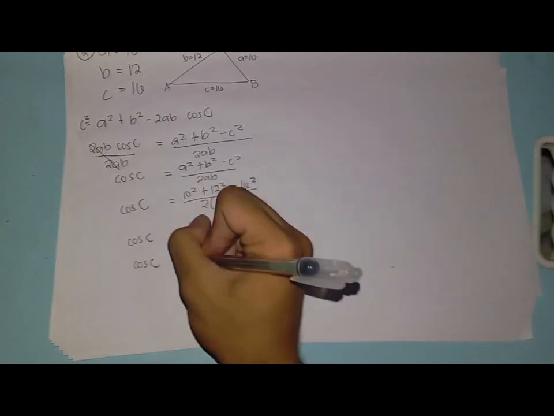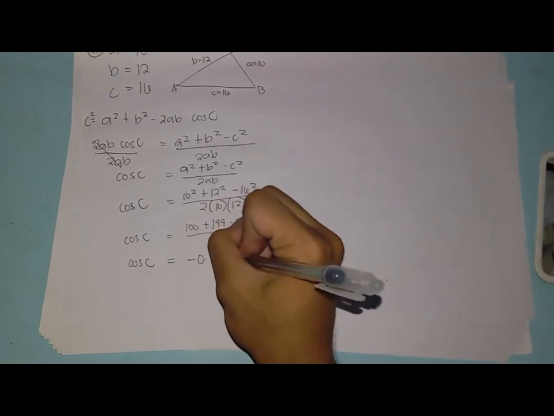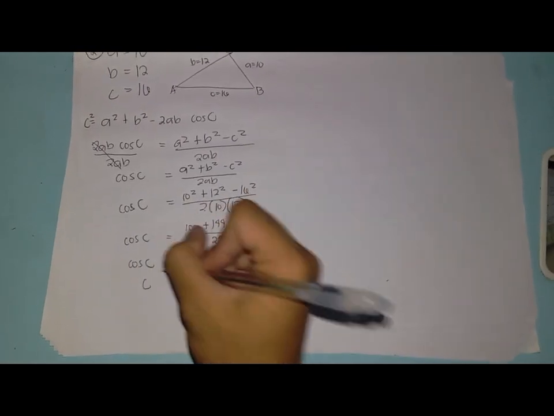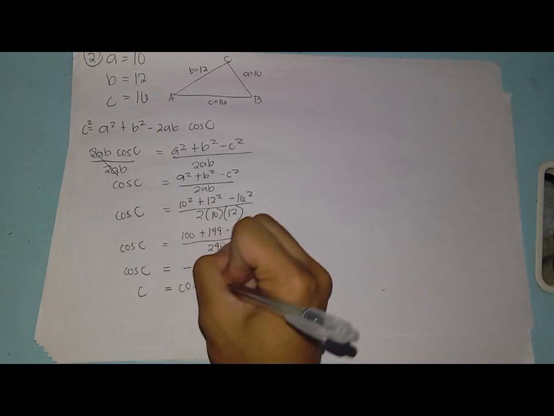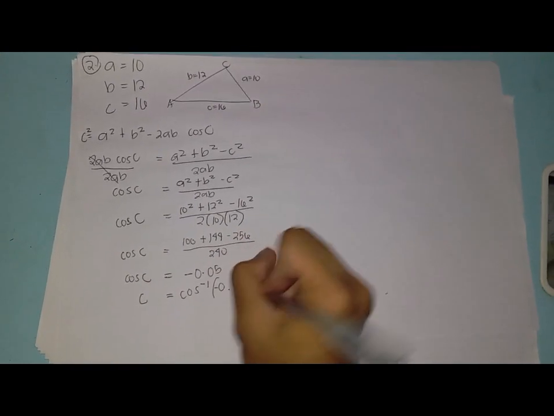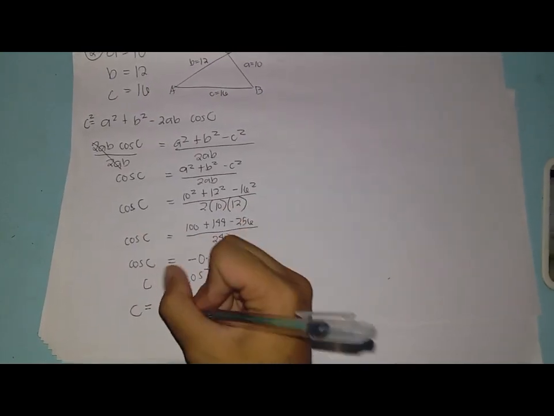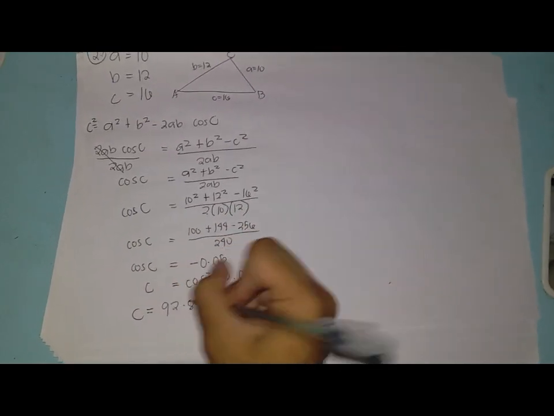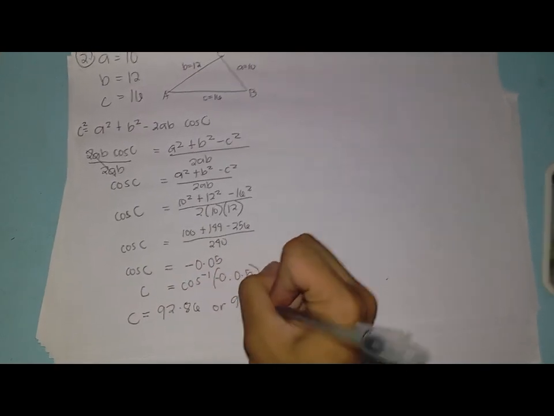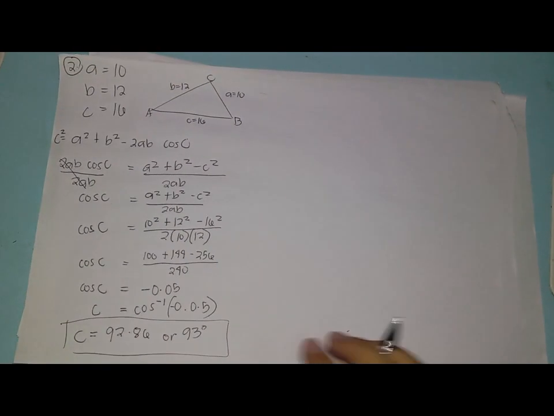So simplify the equation. So we have here negative 0.05. So our cosine C is negative 0.05. So we have here C is 92.86 or 93 degrees. So this is the value of our angle C.